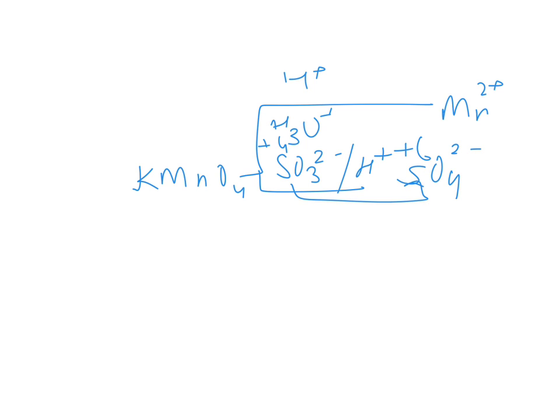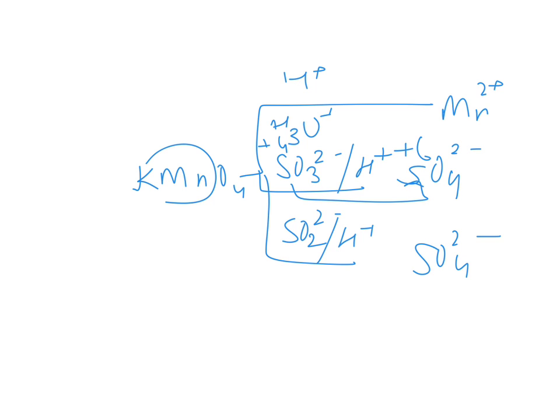So oxidation takes place, whereas KMnO4 itself gets reduced. Then SO2 will be converted to SO4 2- also in acidic medium. Then if you take H2S in presence of H+, sulfur precipitate will be formed.